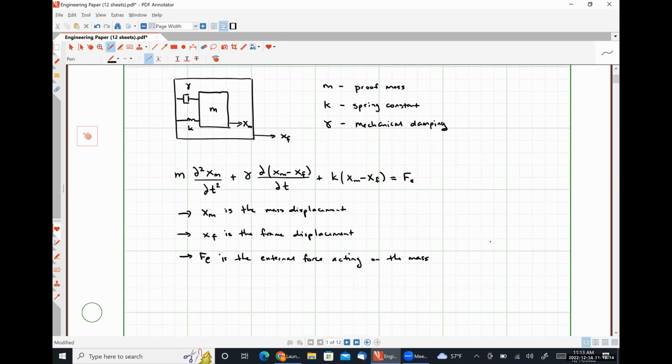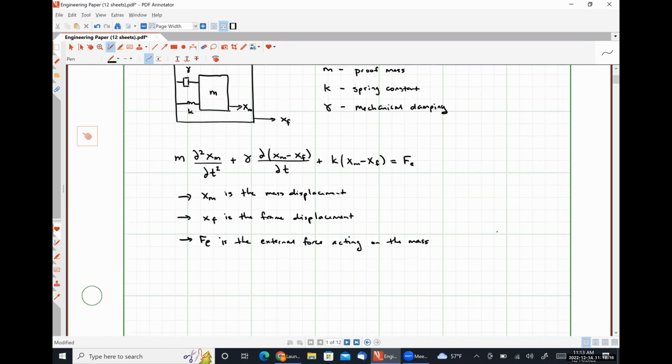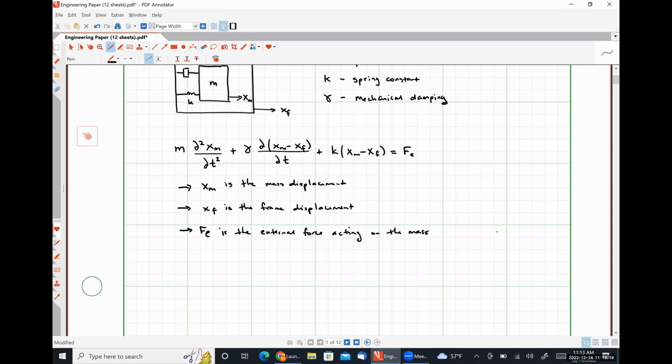So what I'm going to do now is simply subtract the acceleration of the frame from both sides of the expression.